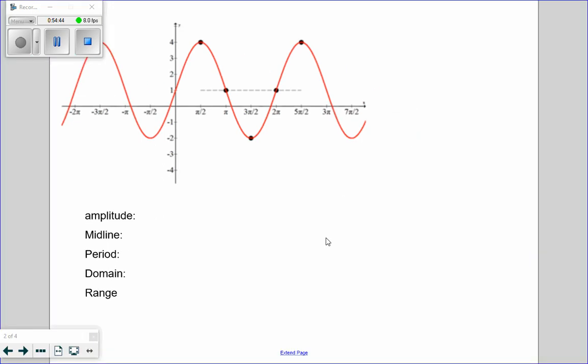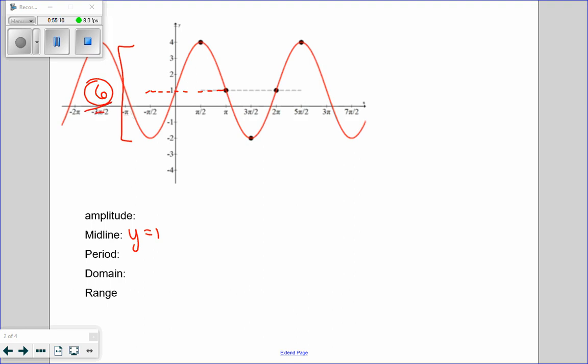Okay. Same thing, but this time the midline has shifted. The midline is through that 1. Now again, if I didn't draw that on there, you would see that the top is 4 and the bottom is -2. So it's covered a total distance of 6, from -2 up to 4.